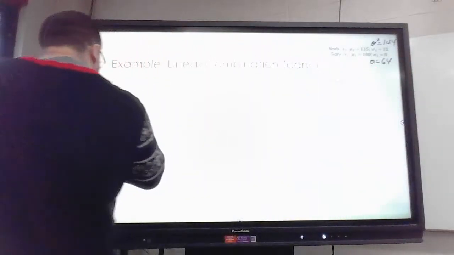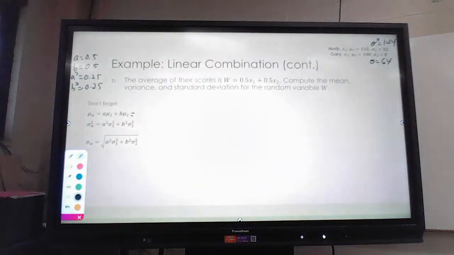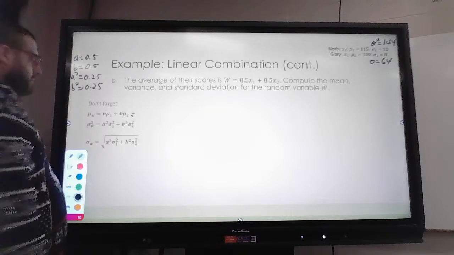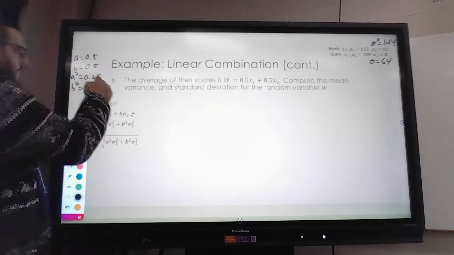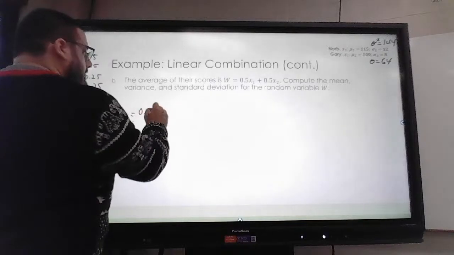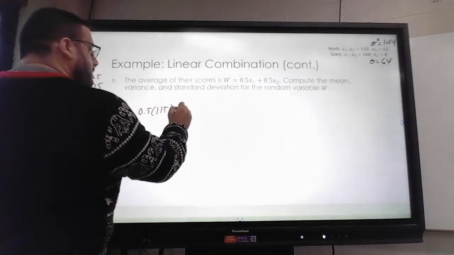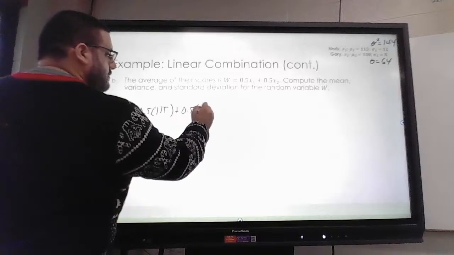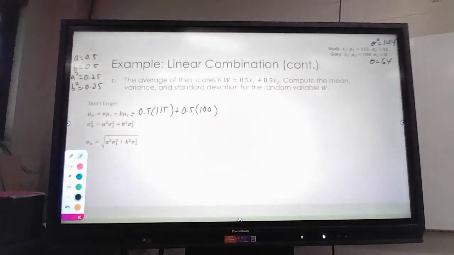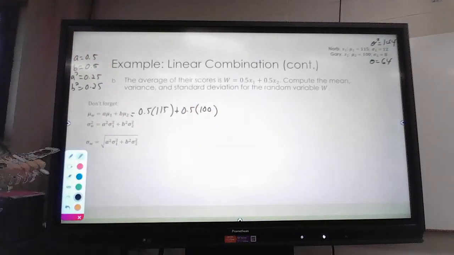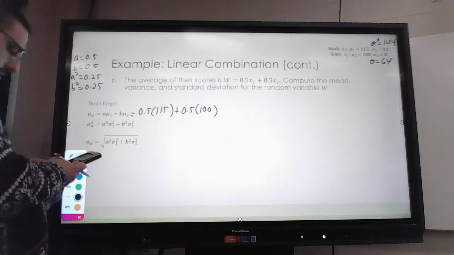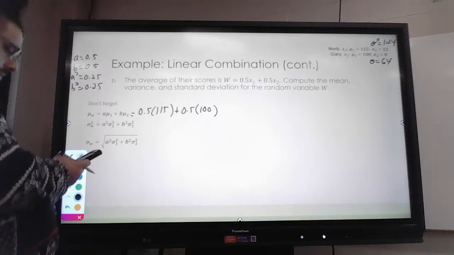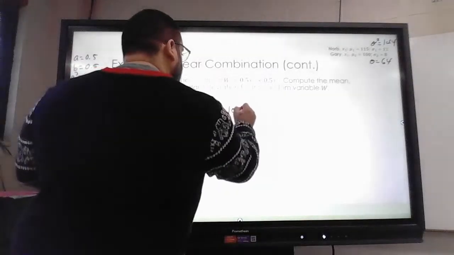So let's go ahead and find our new average of the average. So that's a, so 0.5 times 115 plus 0.5 times 100. Go ahead and type that in. I get 107.5.